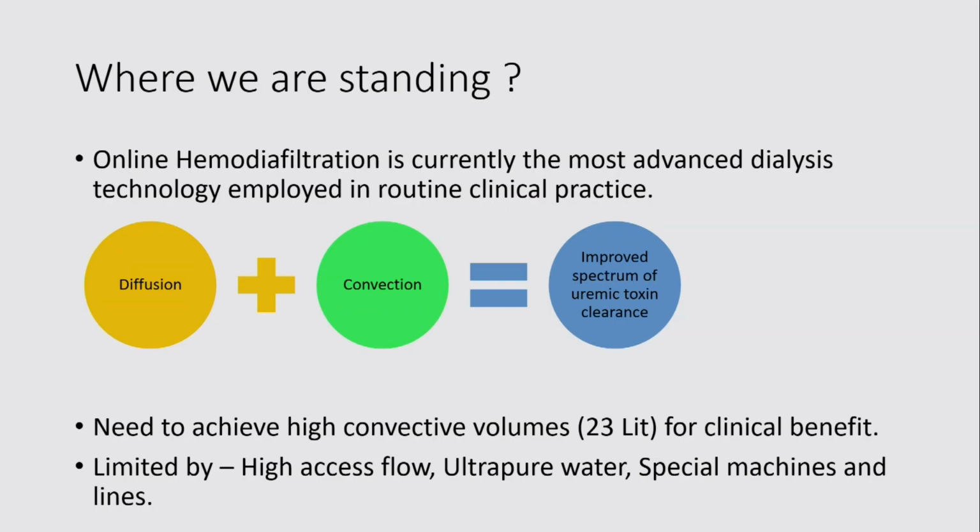To have maximum benefits of online hemodiafiltration, we need to achieve high convective volumes, as has been discussed in the first talk of this session, like 23 liters in every session, to achieve a clinical benefit. And this high convective volume is limited by needing good vascular access flow, ultra pure water, and a special machine and special lines.